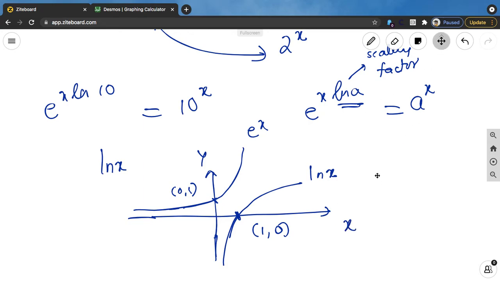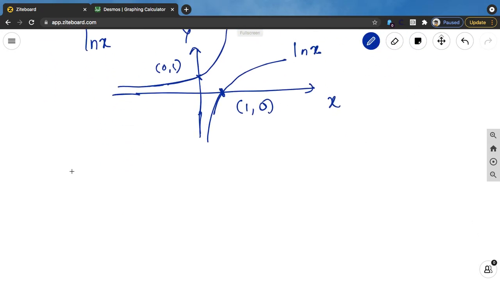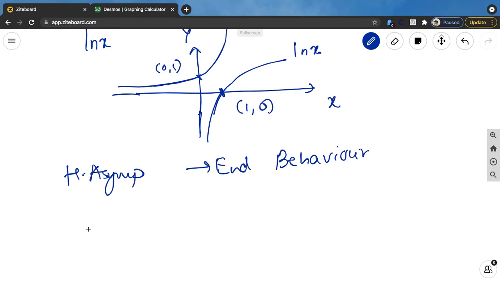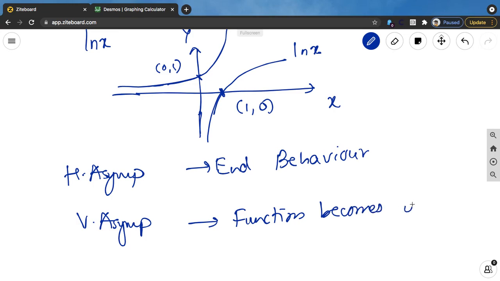What does vertical asymptote really mean? We saw what horizontal asymptote means. Horizontal asymptote talks about the end behavior. Where does the function go when x becomes very, very large? What about the vertical asymptote? Vertical asymptote tells us when the function becomes undefined. Which value of x can the function not take?